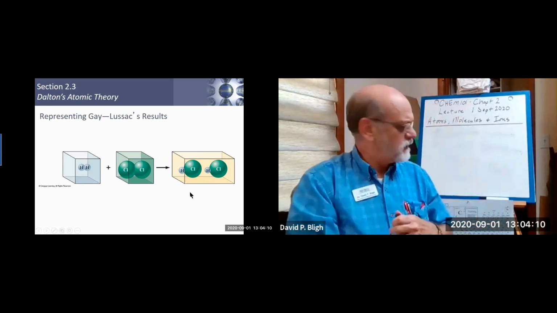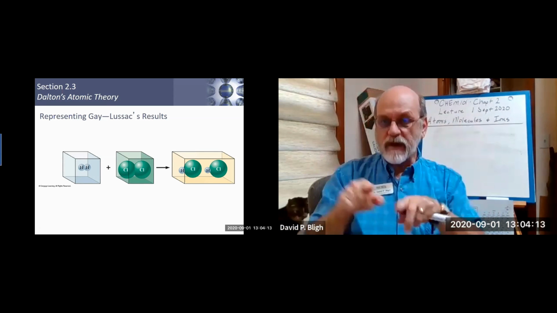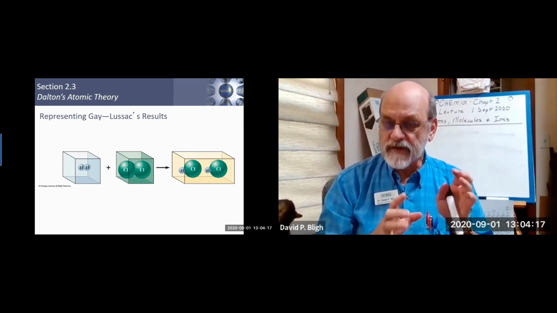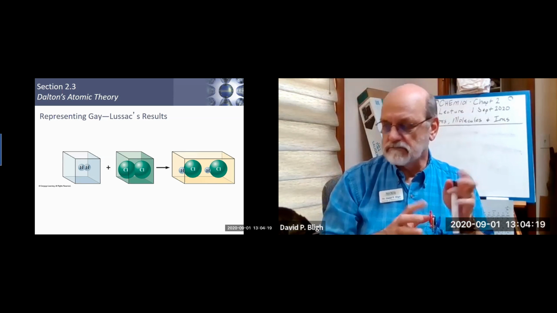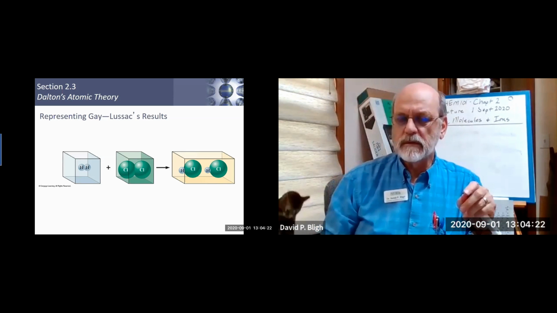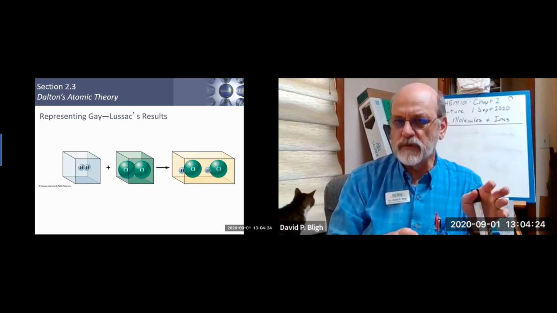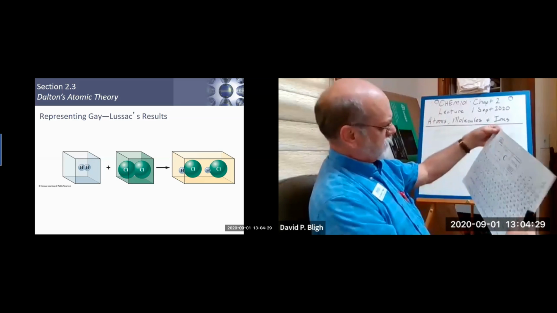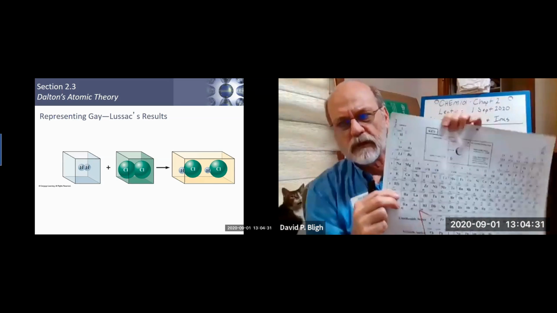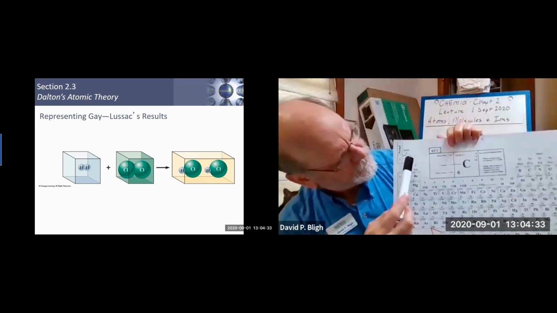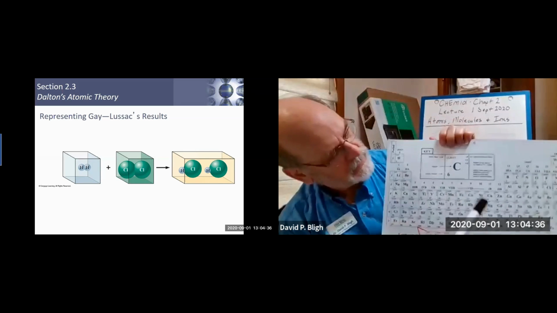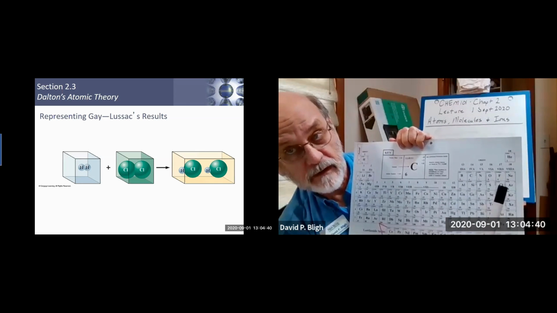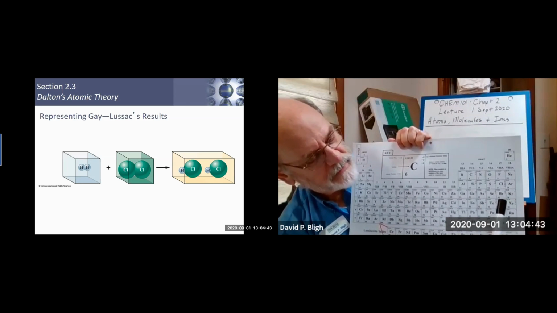Now on your periodic table that has the red boxes on it that I want you to learn, there are several of the elements that are identified in blue, I think. I don't have it on this chart, but they're gases: hydrogen here, and then nitrogen, oxygen, fluorine, chlorine, bromine, iodine.